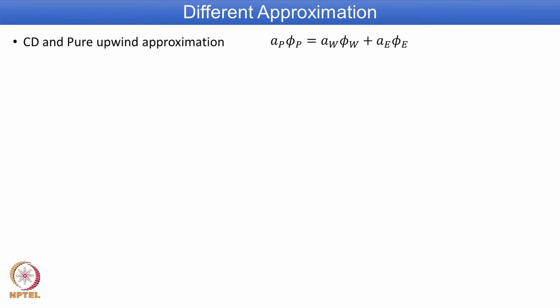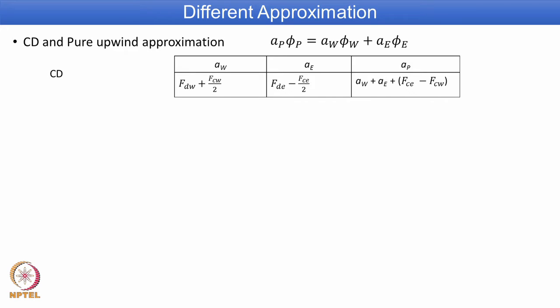For the sake of completeness, we will list all the scheme information. For CD and pure upwind approximation, the generic formula is AP phi P equal to AW phi W plus AE phi E. In the case of the CD scheme, coefficients AW, AE and AP are listed as shown, and you can recognize AP, the point of interest coefficient, is a summation of the neighboring coefficients, that is AW plus AE plus an additional term.